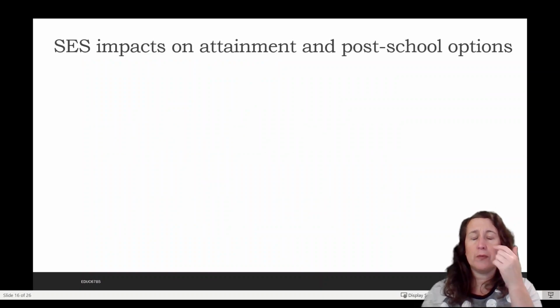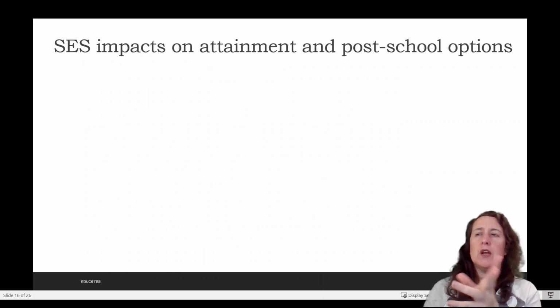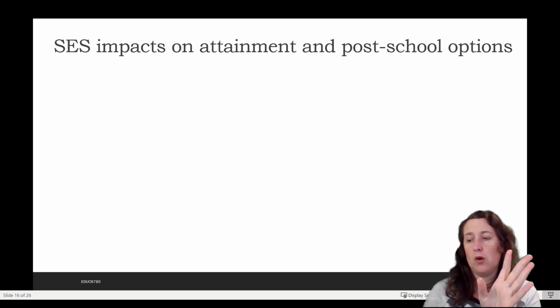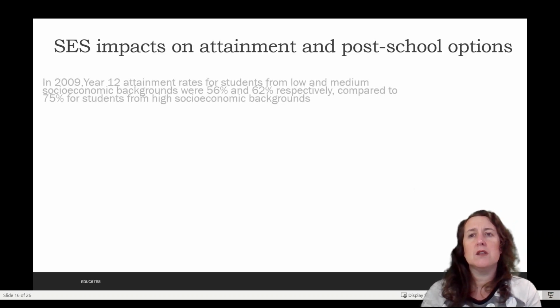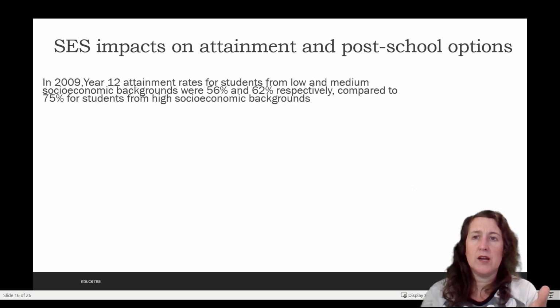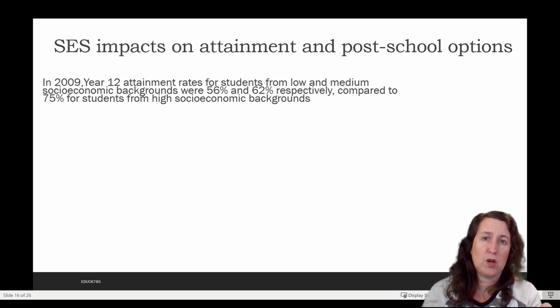And so the problem is that if there was no meaning to it, if meeting the standards didn't have any bearing on your options post-school, then it wouldn't matter so much. But there is a relationship between education attainment and post-school options. So we can see that in 2009, Year 12 attainment rates for students from low and medium socioeconomic backgrounds were 56% and 62% respectively, compared to 75% for students from high socioeconomic backgrounds.